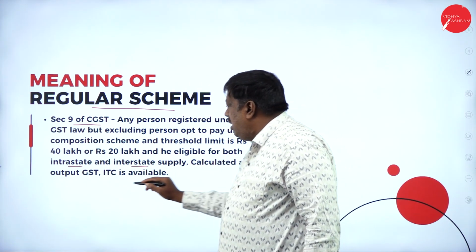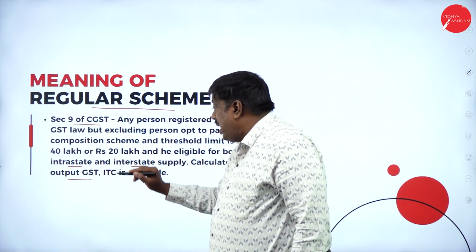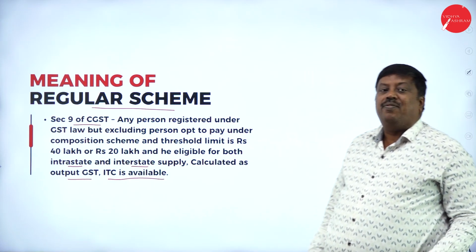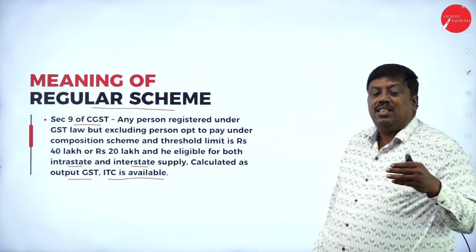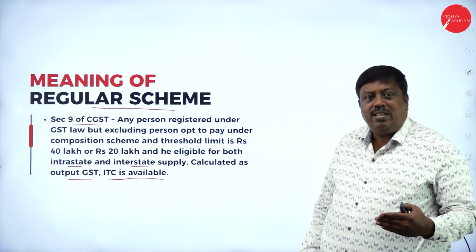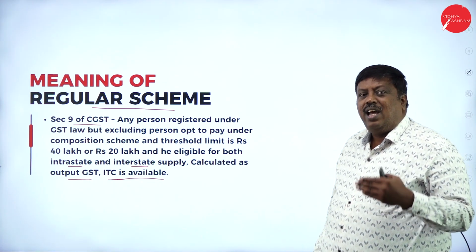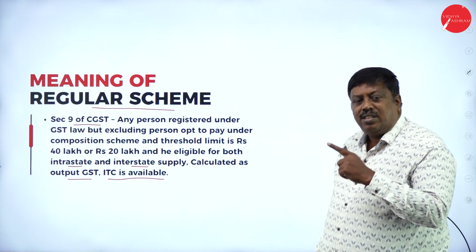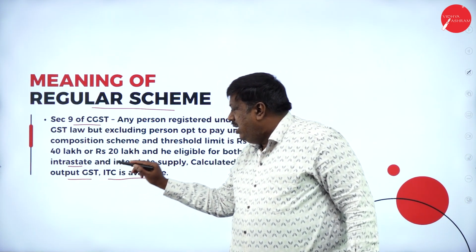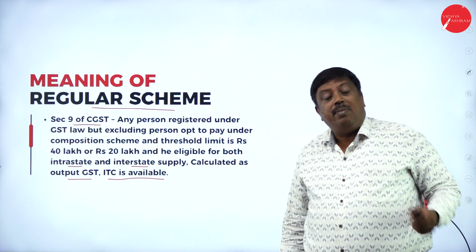GST is calculated on the output, and he also gets input tax credit benefits. If his turnover is above 40 lakh or 20 lakh, he will be under the regular scheme.